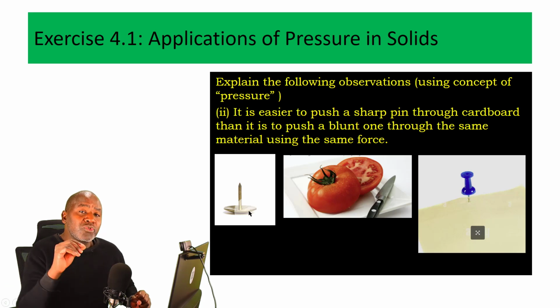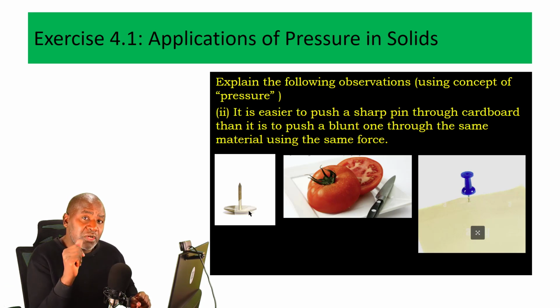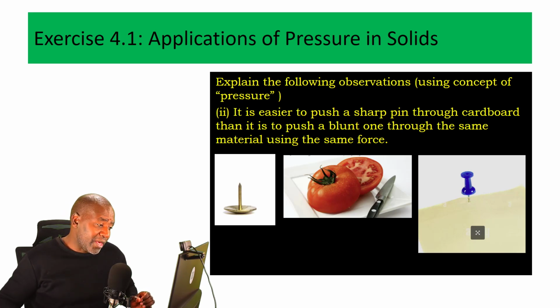So although the amount of force exerted by the pin on the thumb is equal to the amount of force exerted by the pin on the softboard, different pressures are produced on different ends of the thumb nail because of area. Where the area is very small, that force is going to exert a lot of pressure, and we have already said that pressure is the penetration effect of a force.